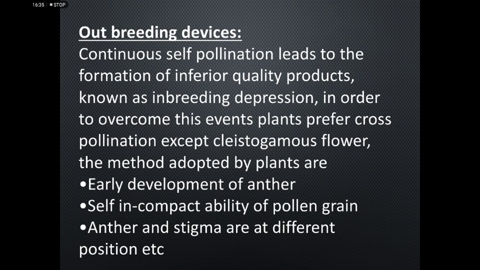That means if the same pollen, a flower's own pollen from the anther, reaches the stigma of that plant, it does not germinate, and that condition is known as self incompatibility. Self incompatibility is the major outbreeding device that plants show.